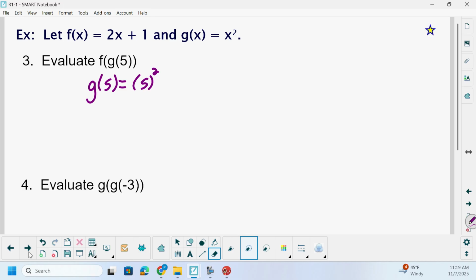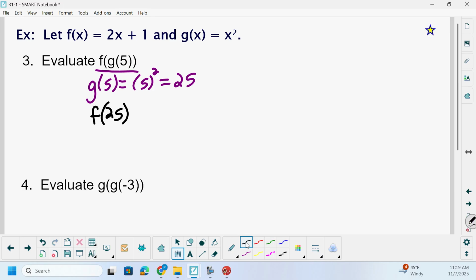So we're going to have 5 squared. 5 times 5 is just 25. So now our original problem, instead of being f of g of 5, it's going to be f, and we now know g of 5 is 25. So we're just going to do f of 25. So now anywhere we see an x in f's equation, we'll just sub in a 25, and that'll give us 51.